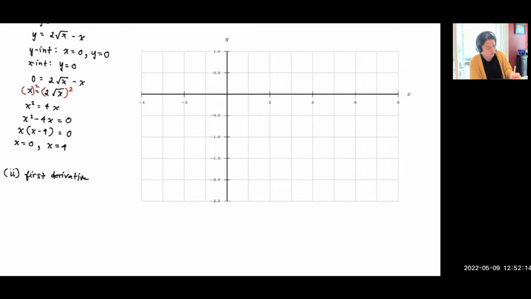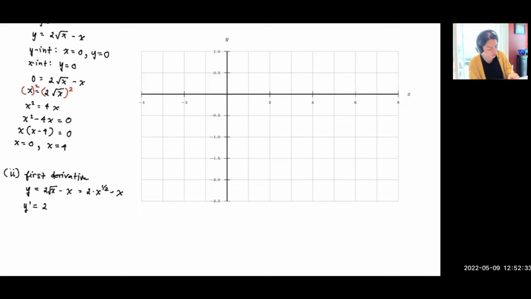So for the first derivative, if I rewrite y equals 2 square root x minus x, we have to find that first derivative. And again, I can always rewrite this as 2 times x to the 1/2 minus x. And I hope you've memorized the derivative of x to the 1/2.